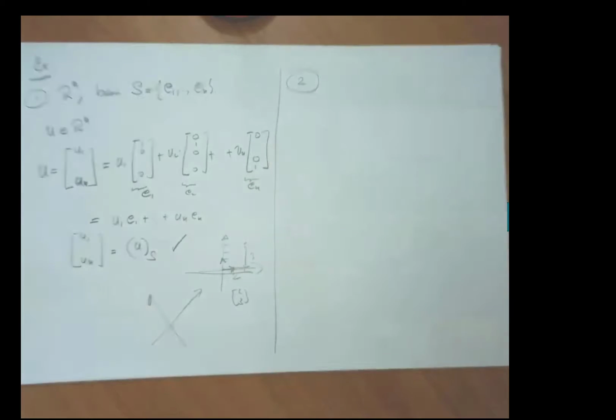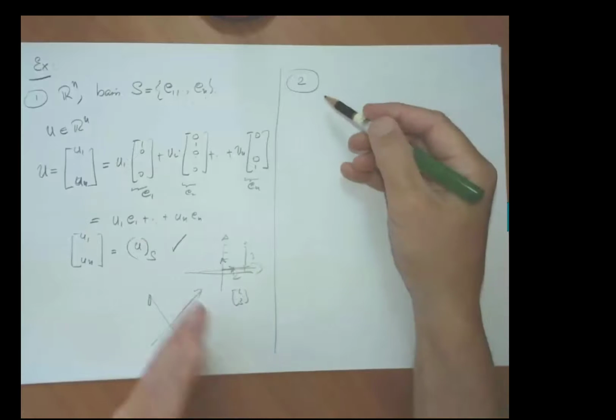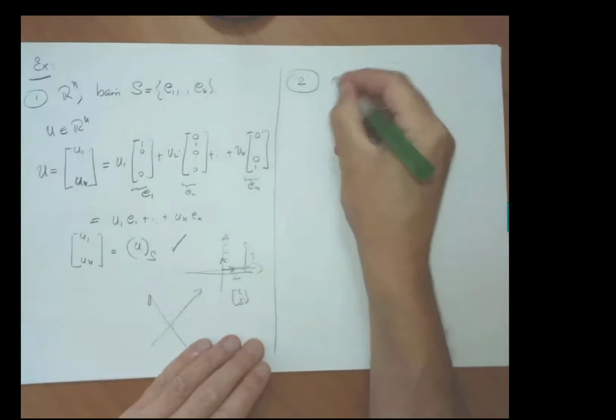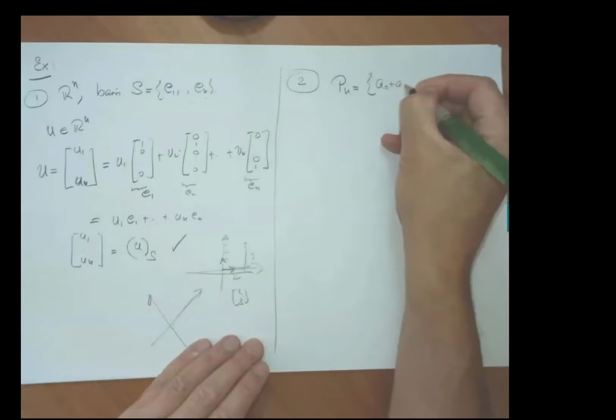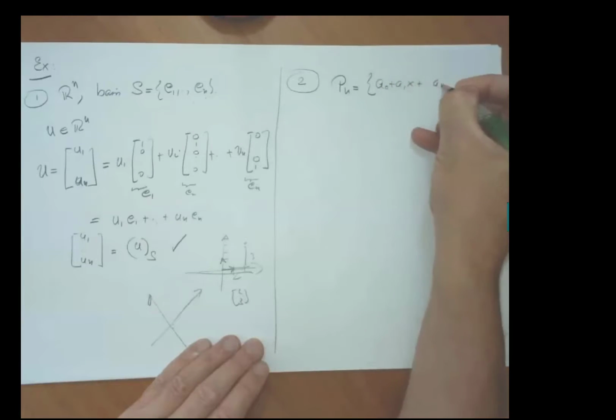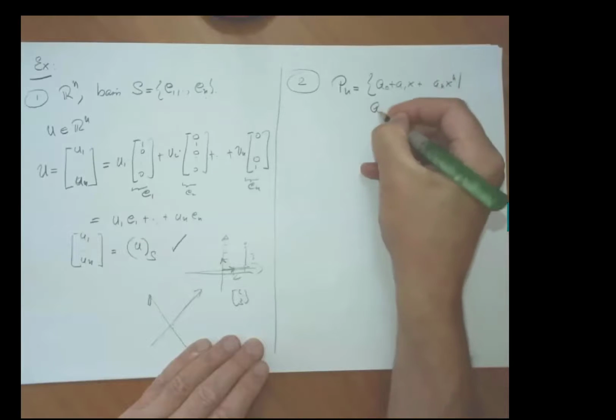Number 2 is, again, our polynomial space. So Pn is equal to a0 plus a1x plus dot dot dot plus anx to the power of n, where these are coefficients.